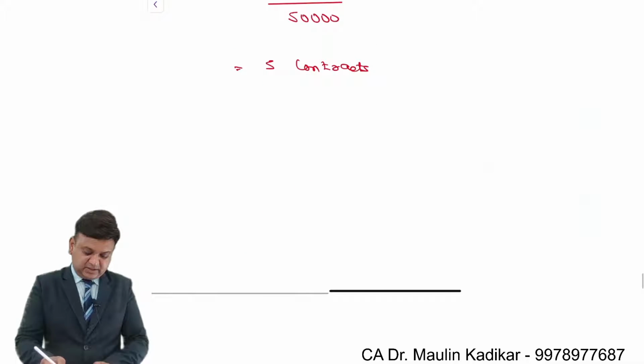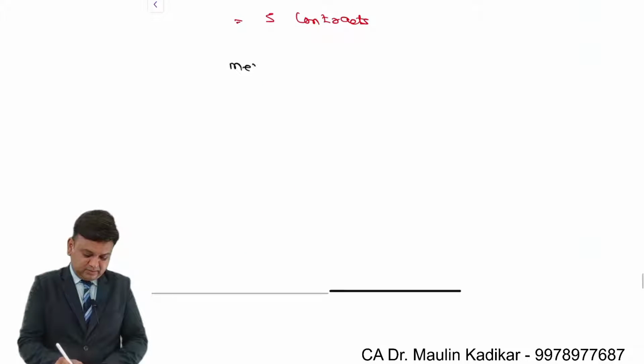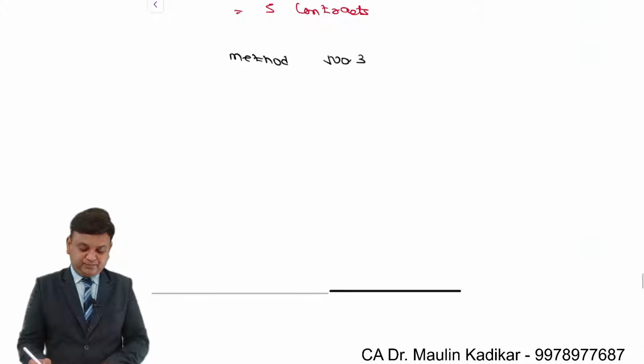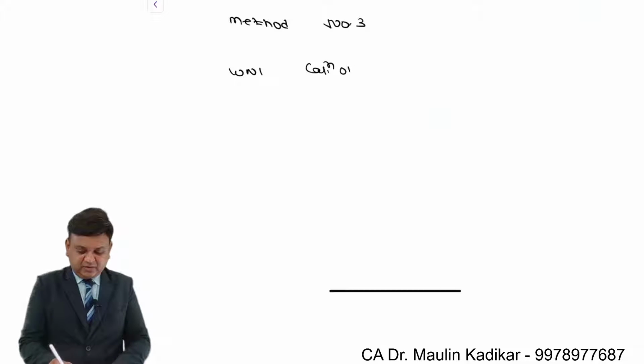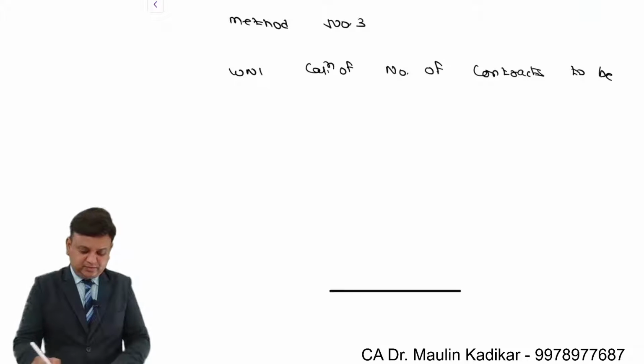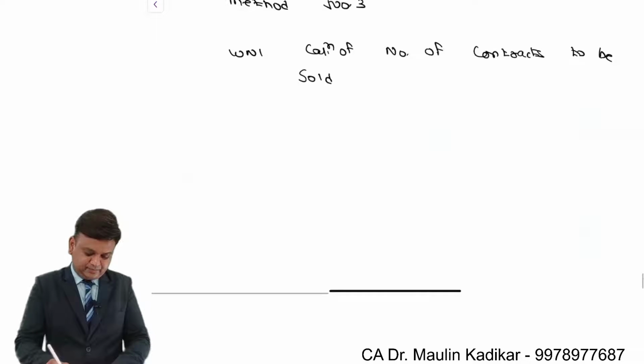And method number 3. Over here we can have a working like this also. In the third working note number 1, calculation of number of contracts to be sold for full hedging.